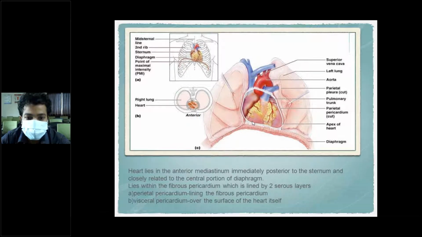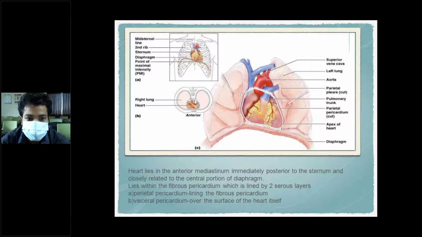The heart lies within the fibrous pericardium, which is lined by two serous layers: the parietal pericardium, which lines the fibrous pericardium, and the visceral pericardium over the surface of the heart itself. Here you can see this in the picture: the right lung and left lung.